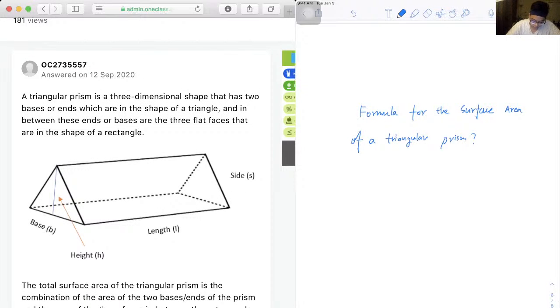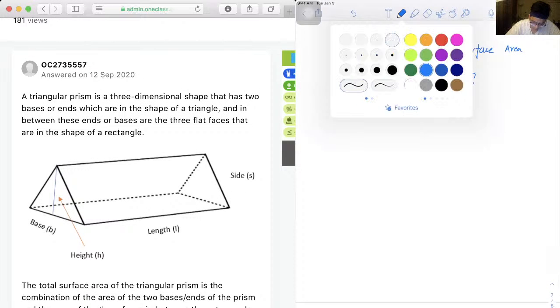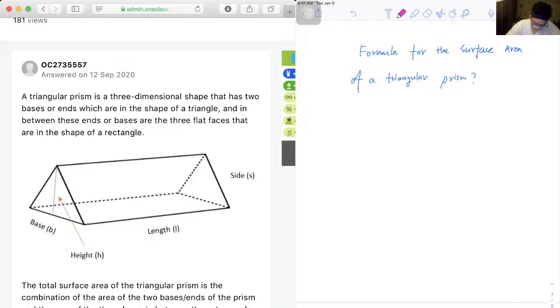Okay, so first let's draw a graph to see what a triangular prism looks like.